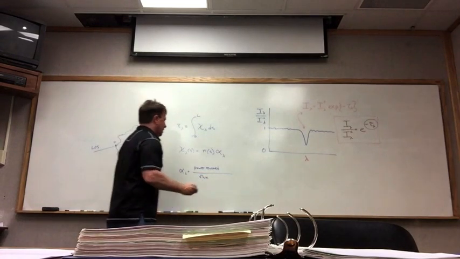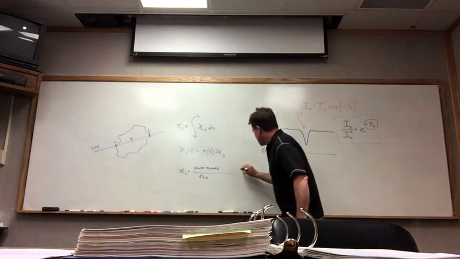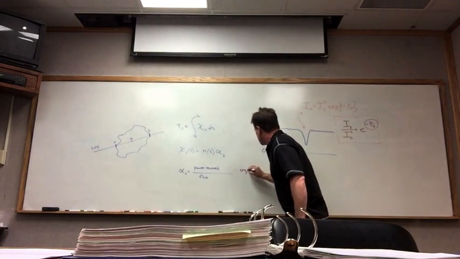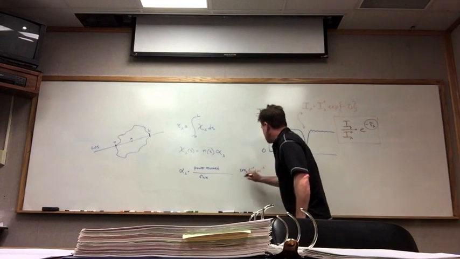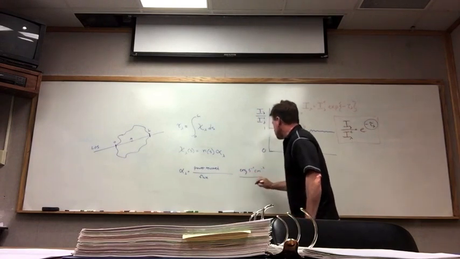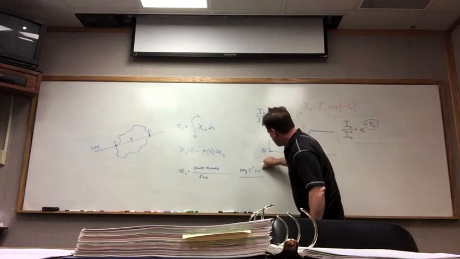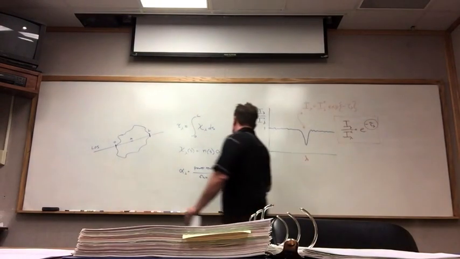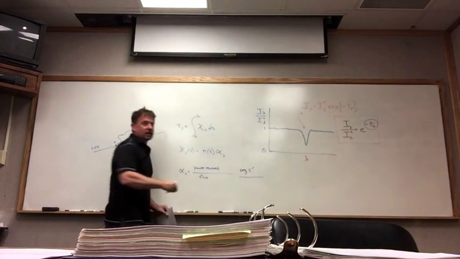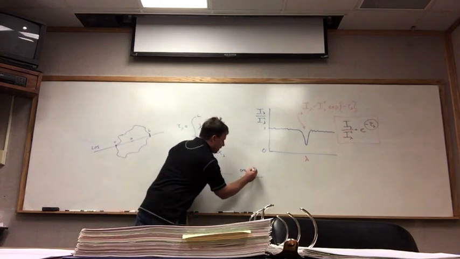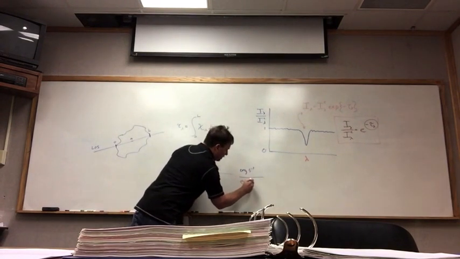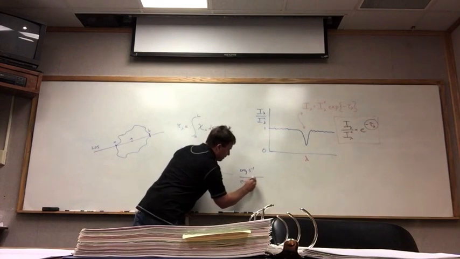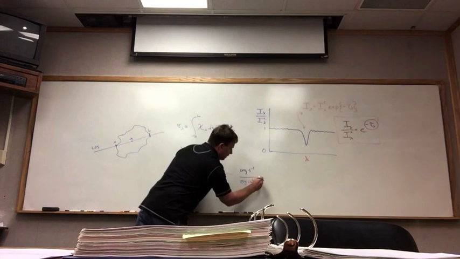The power is ergs per second, energy per time, and the flux is ergs per centimeter squared per second.